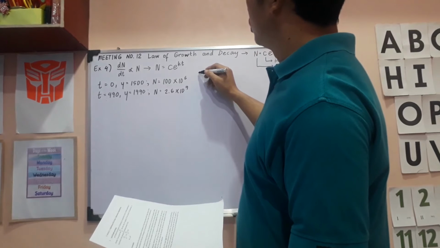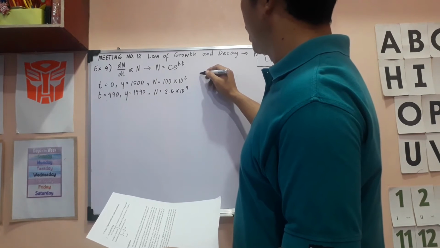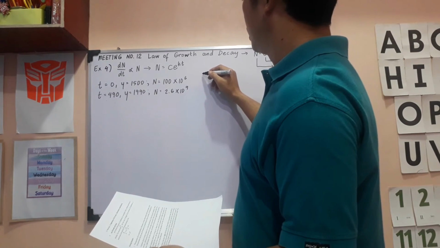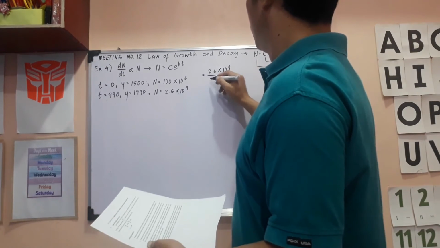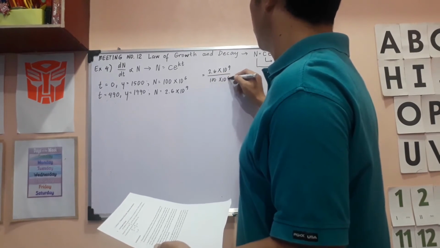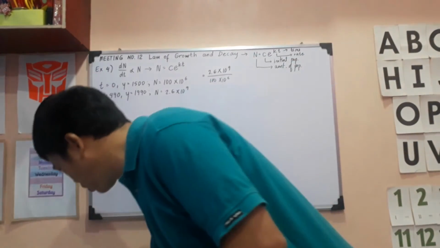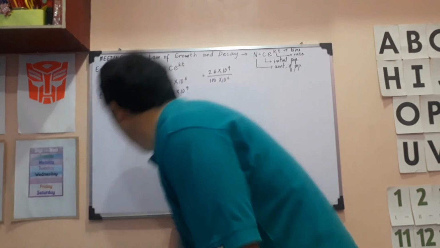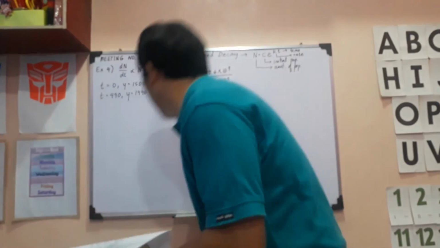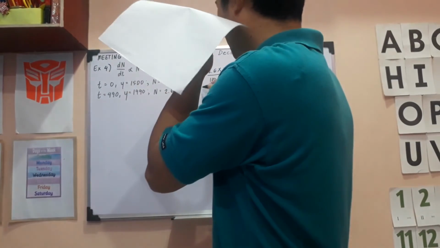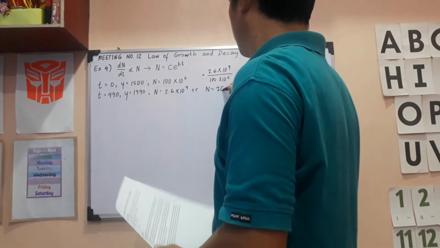So, ang aking multiplier is equal to 2.6 times 10 raised to 9 all over 100 times 10 raised to 6, is 26. Or n is equal to 26c.